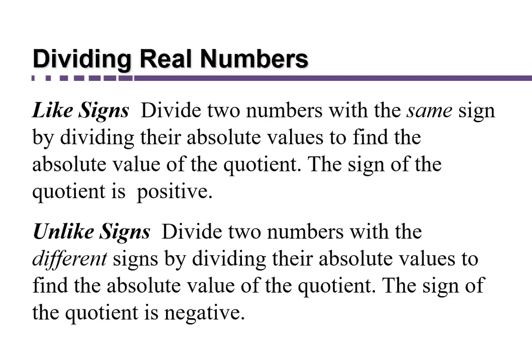If you're dividing two negatives or two positives, that is, like signs, the result is positive. If you are dividing unlike signs, that is, one's negative, one's positive, and you could flip them around, the result is negative.